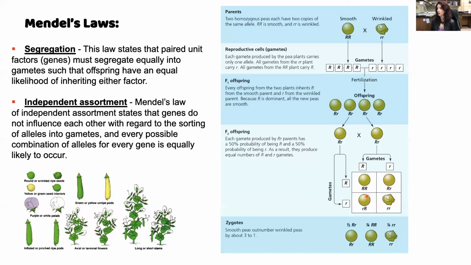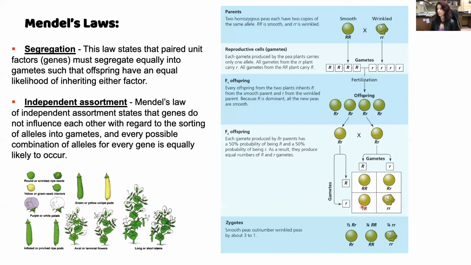Here, we do a cross between little r and big R. Our phenotype, again, is smooth because big R, smooth phenotype, is dominant over little r, the wrinkled phenotype. So this genotype is also heterozygous.